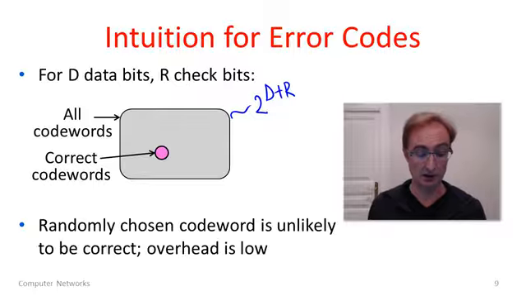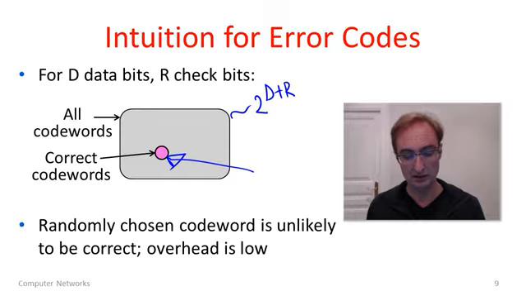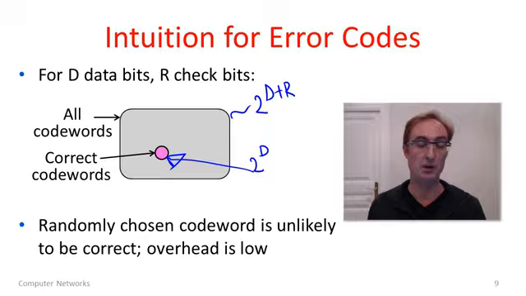But actually the code words, the really correct code words that get sent, how many of them are there? Well, we know that they're D plus R bits long, but there are only actually 2 to the D different ones because the R bits are computed as a function of the data. So there are only 2 to the D possibilities. That means if I randomly pick a sequence from this space, it's quite unlikely to be correct.